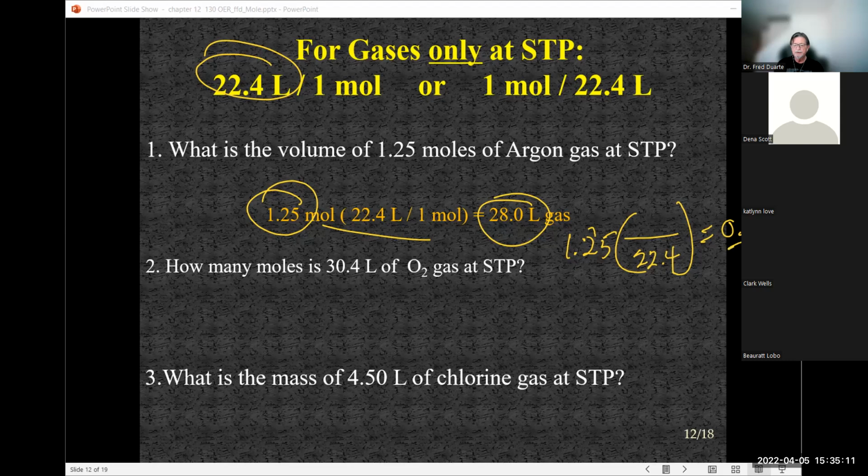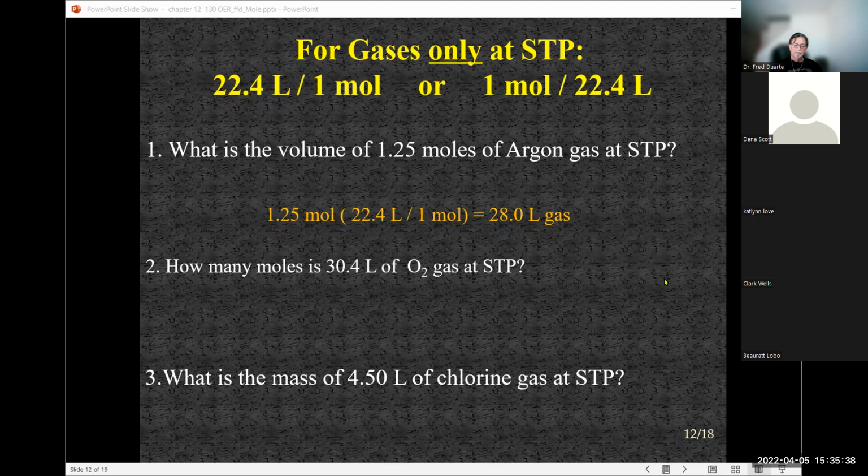That should be a flag to tell you, whoa, it doesn't make sense, given that I have over 1 mole of gas, and I know that 1 mole of gas would occupy at least 22.4 liters. So that wouldn't be a correct answer. Something must have occurred, an error must have occurred, and it gives you an opportunity to check your answer and make sure you did the correct mathematics. Okay. All right.